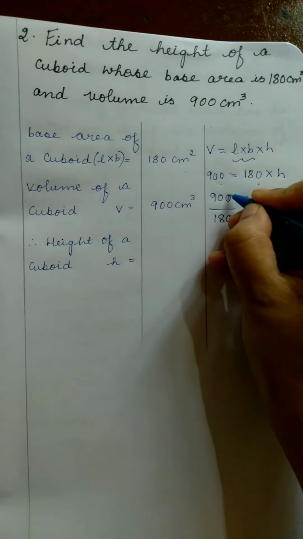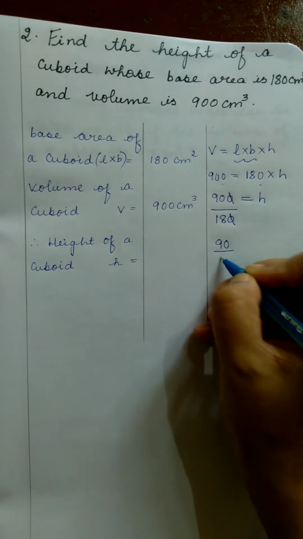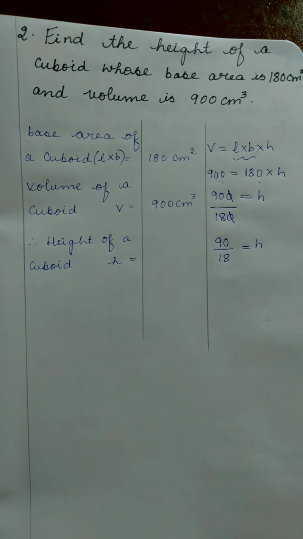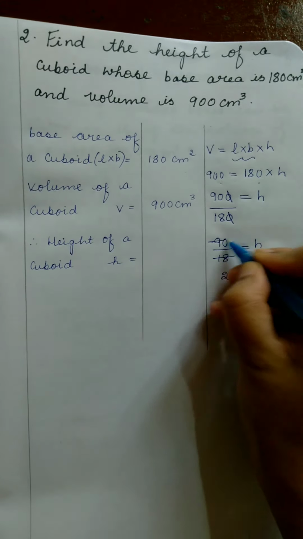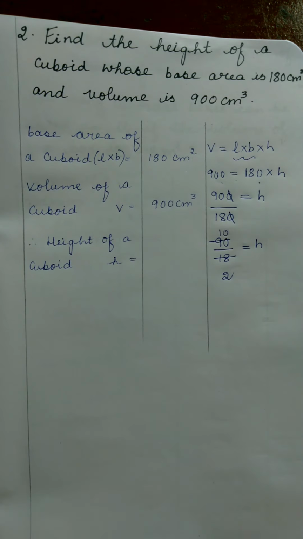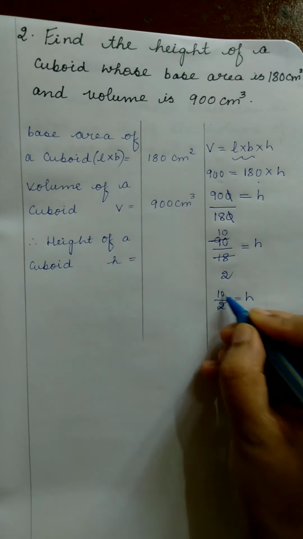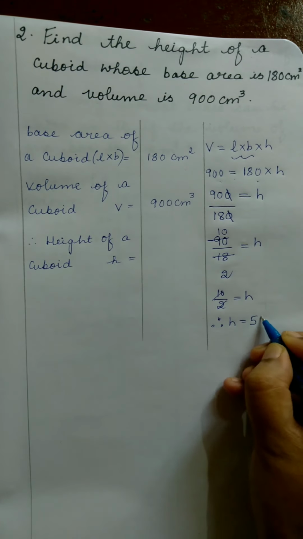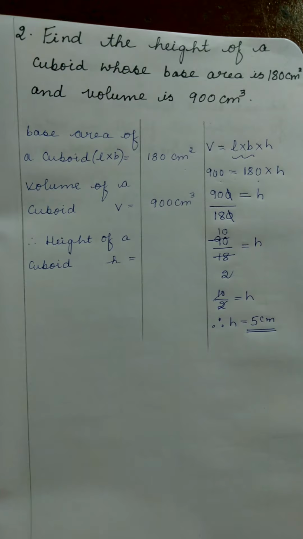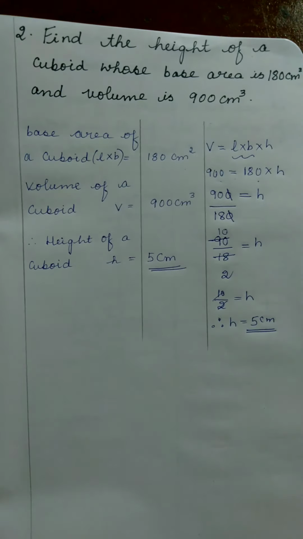So 0 and 0 get cancelled. 90 divided by 18 is equal to H. 18 goes by 9 table. 9 ones are 9, 9 twos are 18, 9 tens are 90. So we have 10 divided by 2 equal to H. 2 fives are 10. Therefore, height H is equal to 5 centimeter. Therefore, the height of the cuboid will be equal to 5 centimeter.